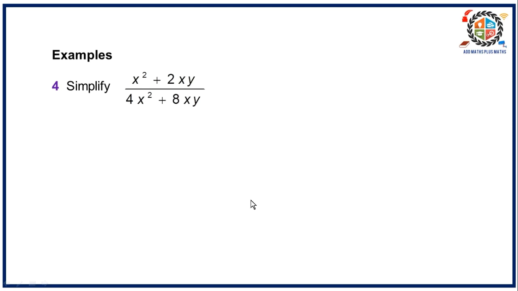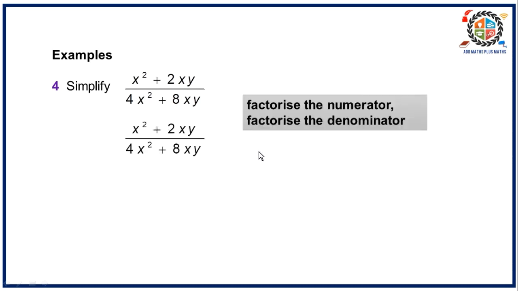Example number 4. Simplify x squared plus 2xy over 4x squared plus 8xy. You will notice that on top I can factorize out x. So if I factorize out x, it will become x times the quantity of x plus 2y. And then I will factorize my denominator.